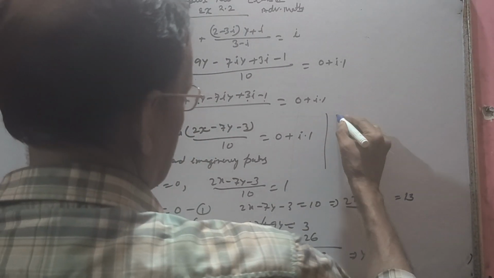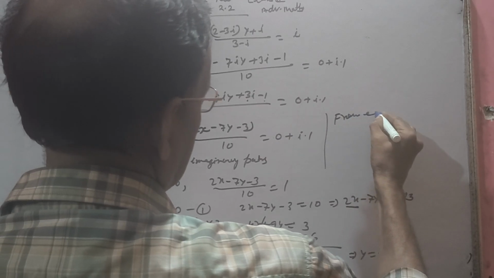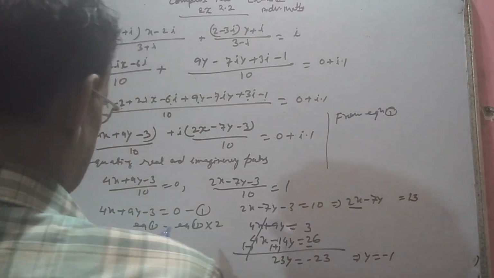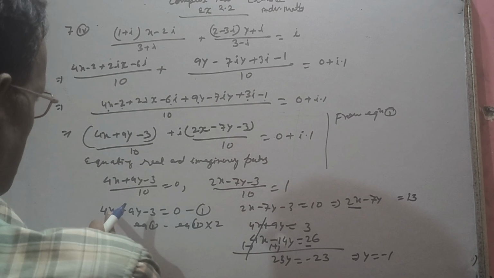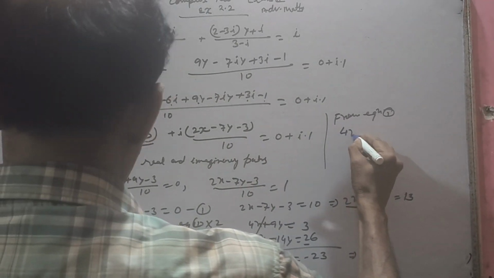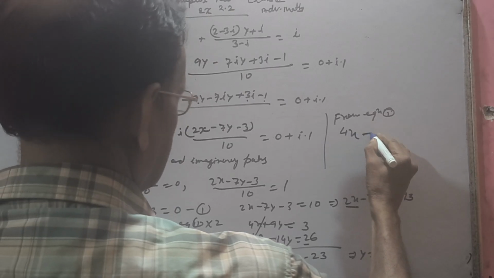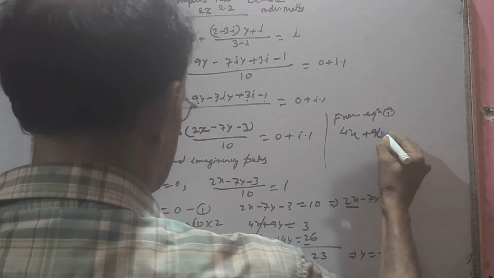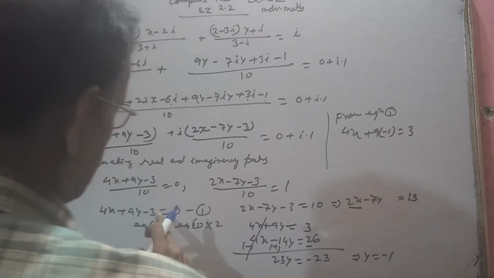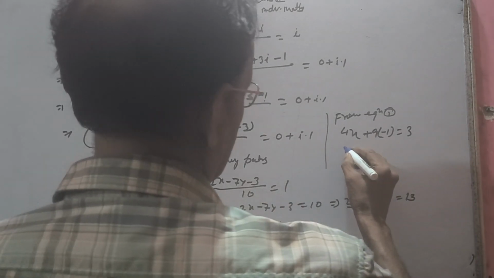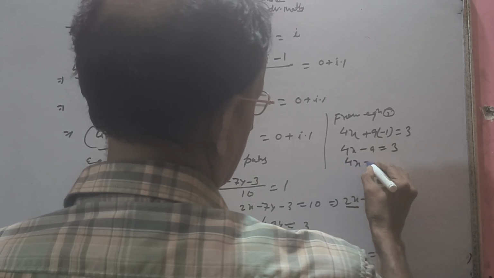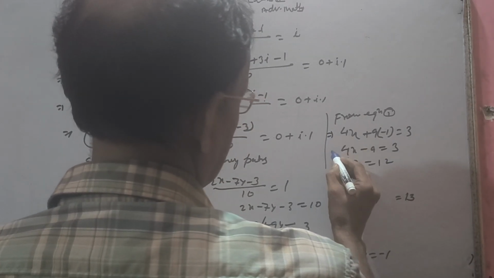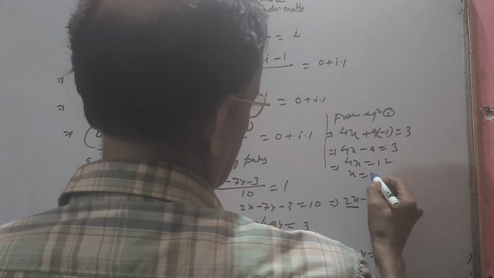Now from equation 1, 4x plus 9 into y, which is minus 1, is equal to 3. So 4x minus 9 equal to 3. So 4x equal to 12. Understood? So x equal to 3.